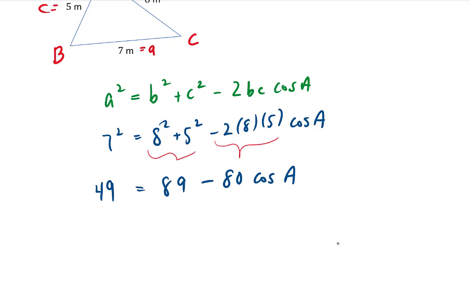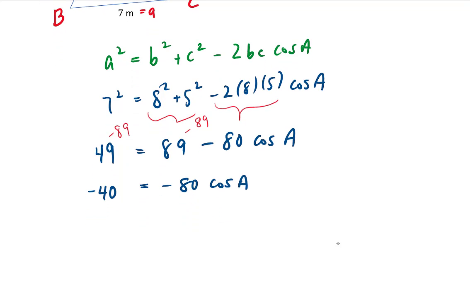give me negative 80. Similar to above, we're going to get rid of the 89 on the right side by subtracting 89 from both sides of the equation. So I end up with negative 40 equals negative 80 cosine of angle A. That says negative 80 times cosine of angle A, so the opposite thing is to divide.